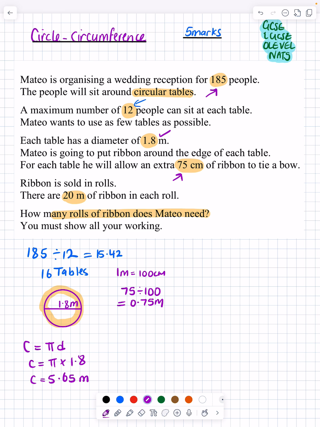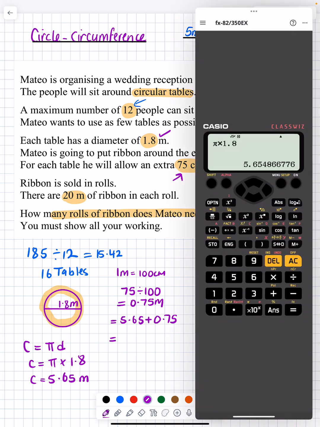We add together 5.65 and 0.75, and that gives us the amount of ribbon we need for one table: 6.4 meters to one decimal place.